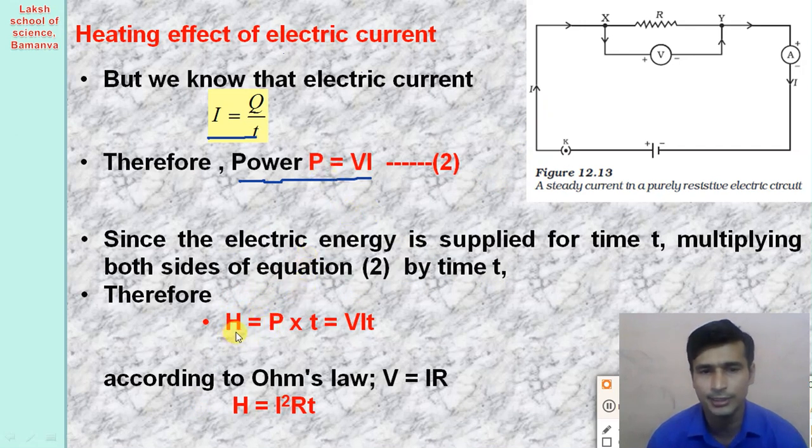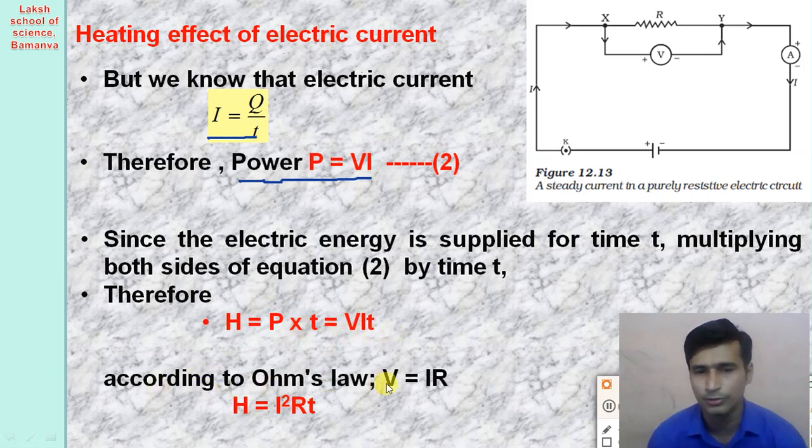So heat energy H is equal to P into t. The power P is given by V into I. So we get the equation of the heat energy H is equal to V I t.